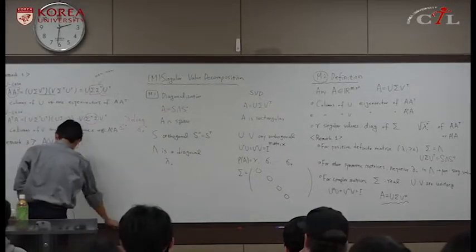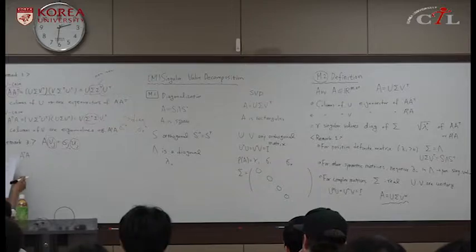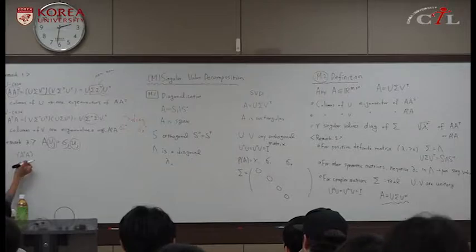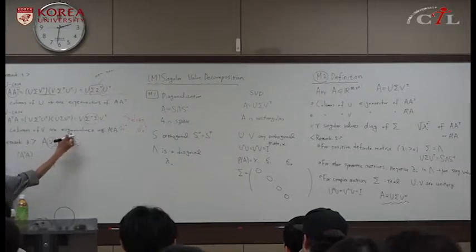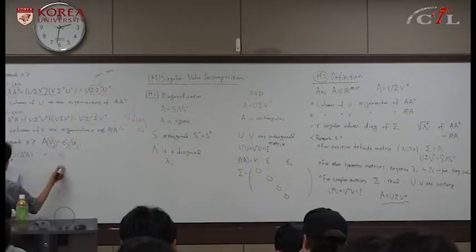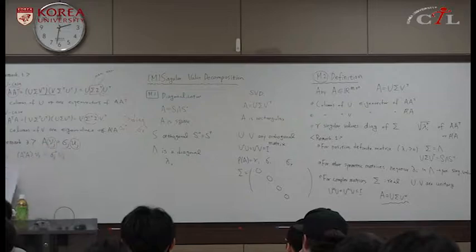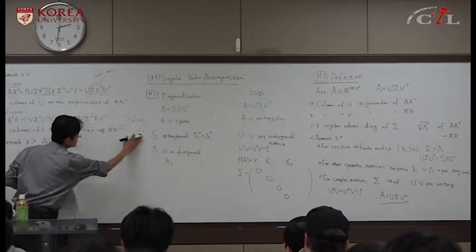The proof is easy. For A transpose A, its eigenvector is Vj, and its eigenvalue is sigma j square.